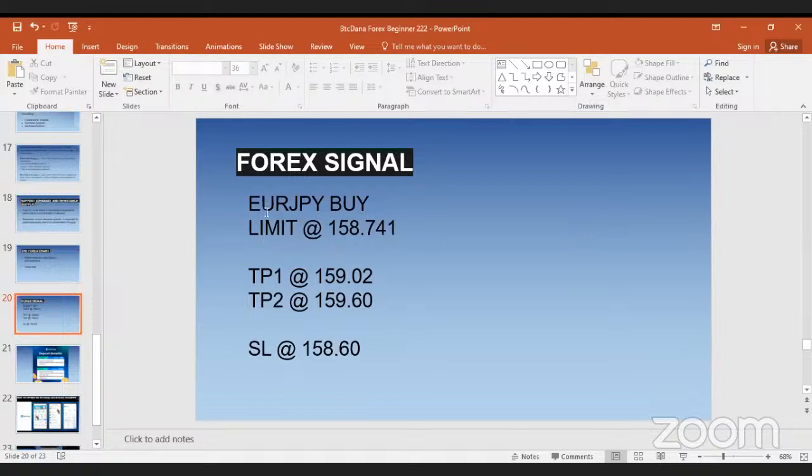So this is the signal that I've dropped just now. And I hope you remember how I placed the trade. So go back to your home and click on buy. When you click on buy, it will bring, sorry, just a moment, please.